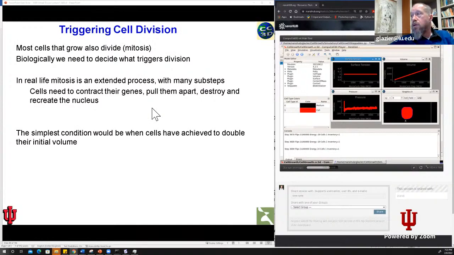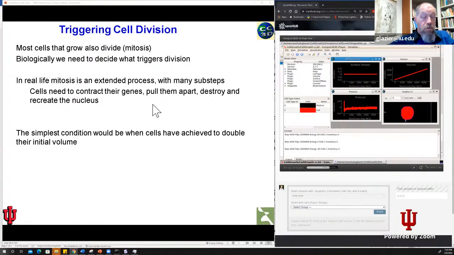Okay. So now let's talk about cell division a little bit. So not every cell that grows divides, and cells can divide without growing. They have to synthesize DNA to divide, but they don't actually have to grow in volume. So early on in embryogenesis, after fertilization, the egg will divide a significant number of times without any significant amount of protein synthesis.